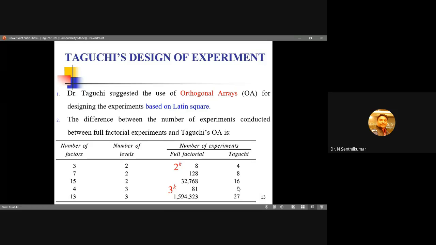Here the number of levels is 3 and the number of factors is 13. You can see 15,94,323 experimental runs, but in Taguchi, just 27 experiments with different combinations of inputs is possible. That is the robustness of Taguchi's design.